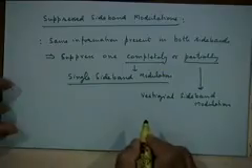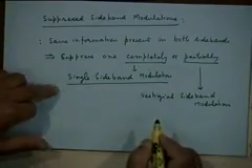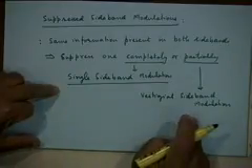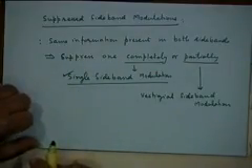Okay, so there can be two kinds of suppressed sideband modulations: the single sideband modulation or the vestigial sideband modulation, right? So we'll first discuss the single sideband modulation.